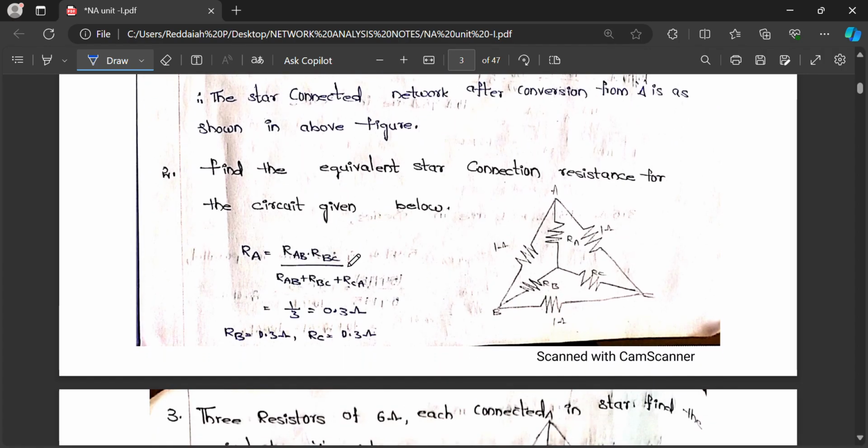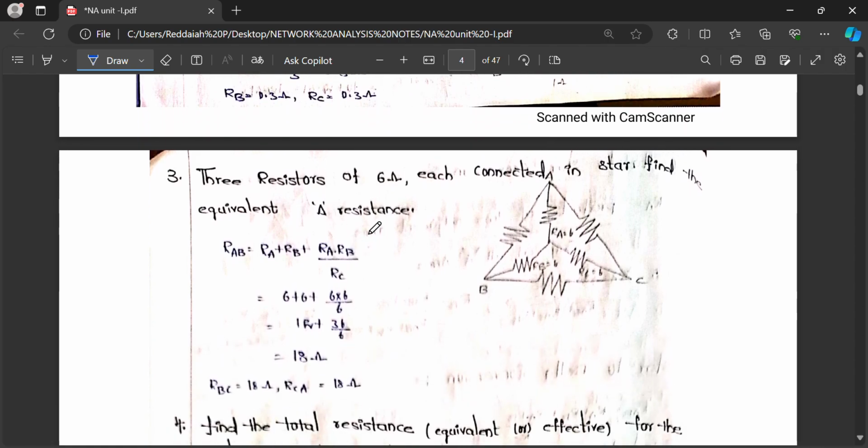Now coming to the problem: three resistors of 6 ohm connected in star, find the equivalent delta resistance. If three resistors are connected in star, each 6 ohm, then RAB equals RA plus RB plus RA RB by the opposite resistance RC.